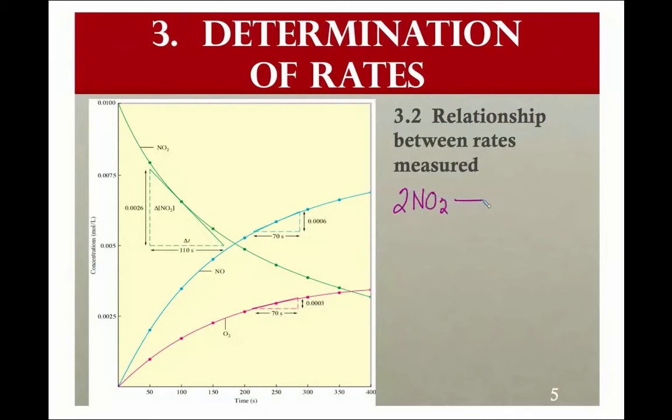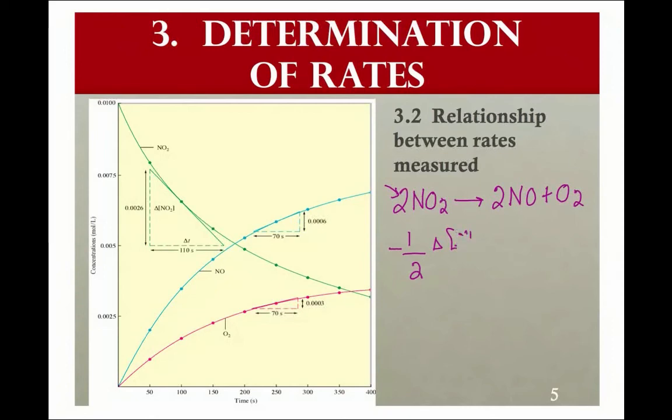So in our reaction with 2NO2 yielding 2NO plus O2, in this case we have a loss, and we do 1 over 2. We take 1 over the coefficient times the change in either molarity or partial pressure for NO2.